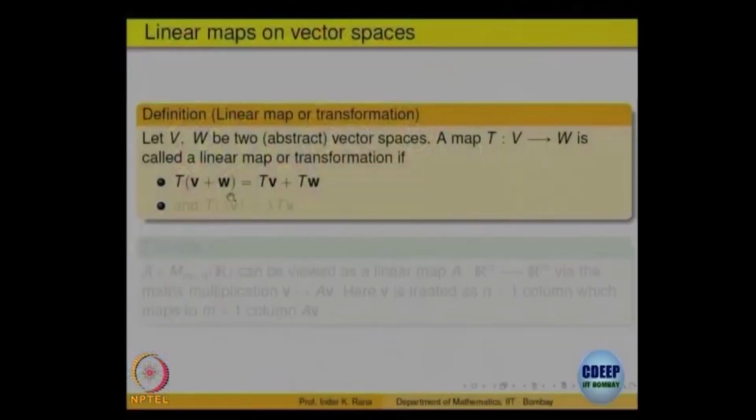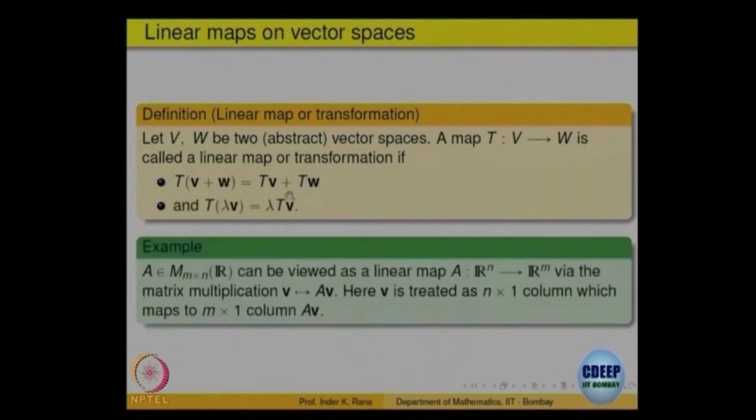That means if you add in the vector space V and take the images, that gives you the addition of the images in W. T of V plus W is T V plus T W, and similarly for scalar multiples. It preserves the linear structure. Addition goes to addition of the images, scalar multiple goes to the scalar multiple of the image.